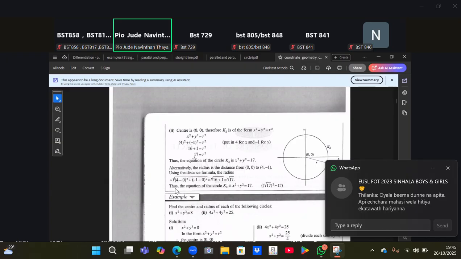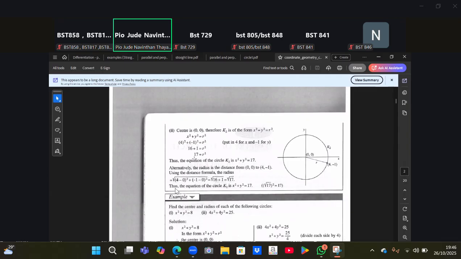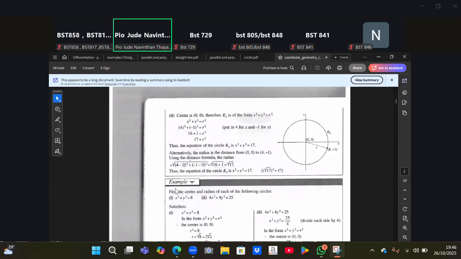Now r is root of 17. Then you can write the equation of that circle: x square plus y square is equal to 17. Right? Easy.